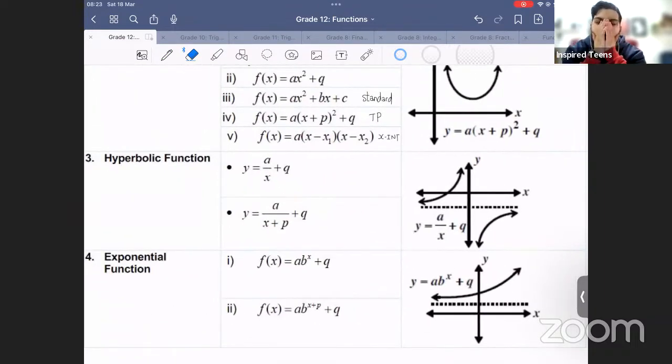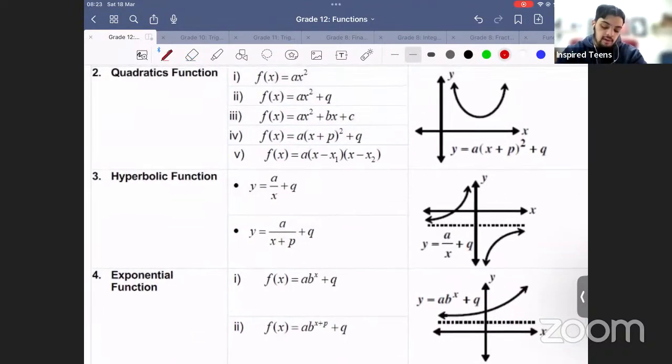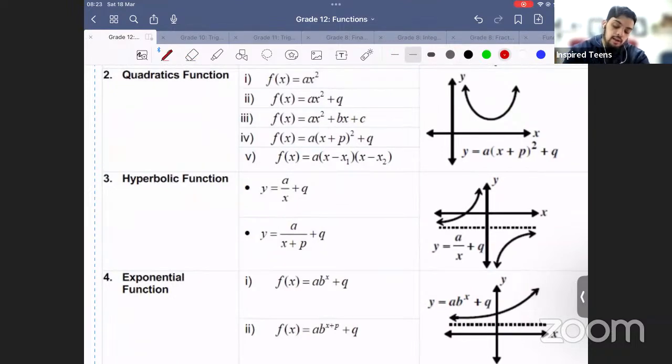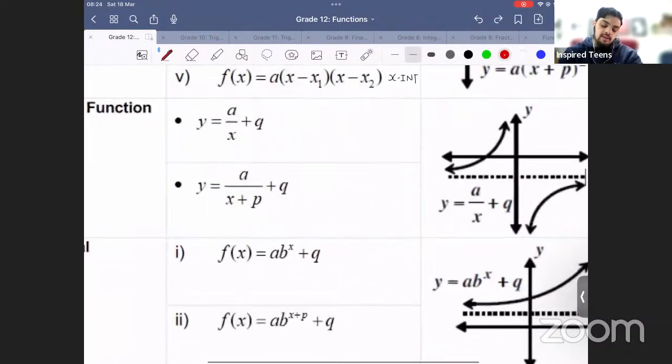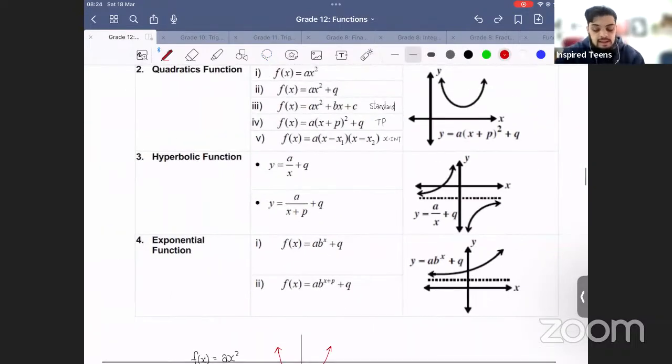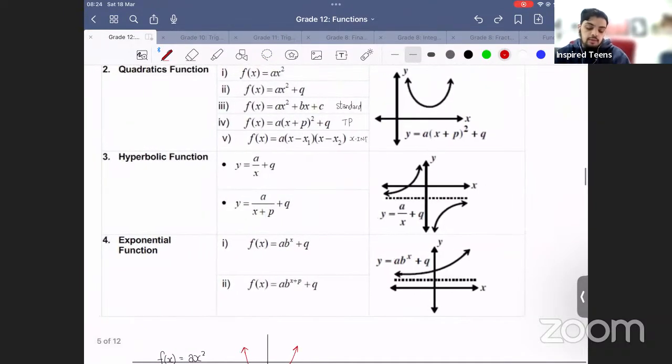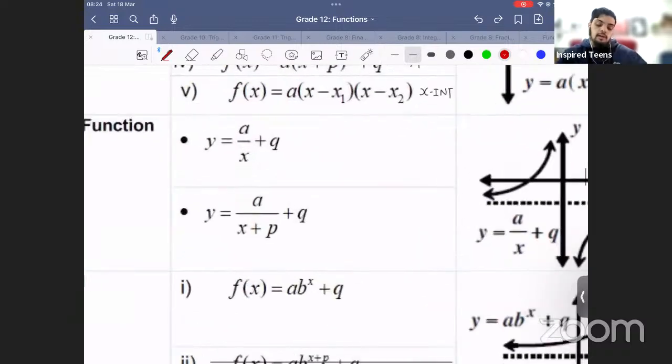Hyperbola, or hyperbolic function: y is equal to a over x plus p, plus q. They have the first one in case the question doesn't have a p. It not having p basically means that there's no p in the hyperbolic function. Oh, sorry, I take that back.